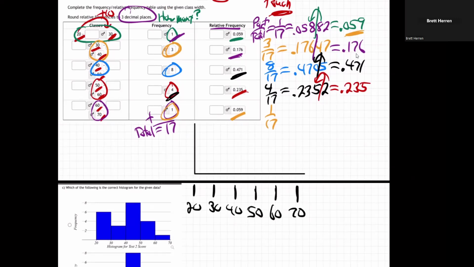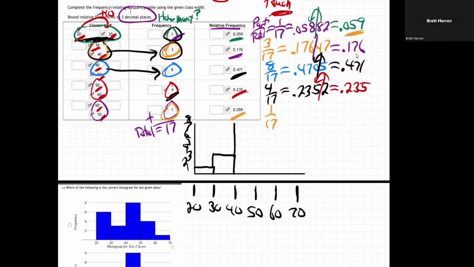70s, okay. So the bar between the 20s and 30s is supposed to come up to 1. So I'll just go up like 1 line. Boom. And the bar between the 30s and 40s is supposed to come up to 3. 40s to 50s is supposed to come up to 8, all the way up here.